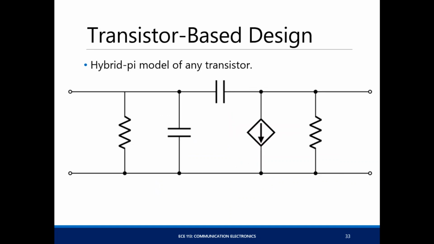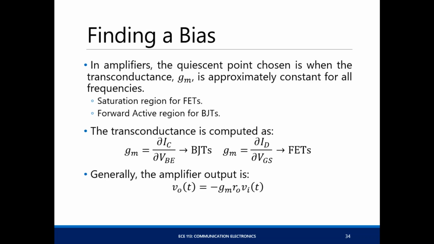Okay. For a transistor-based design, let's look at this hybrid pi model of any transistor. We find a bias point by varying your transconductance. So it is chosen depending on what you have.